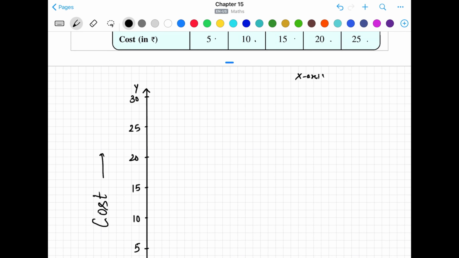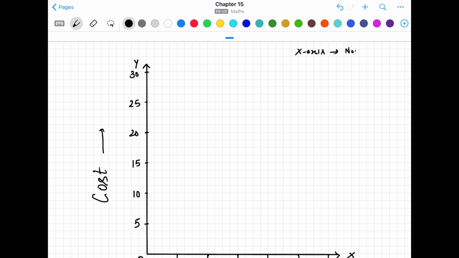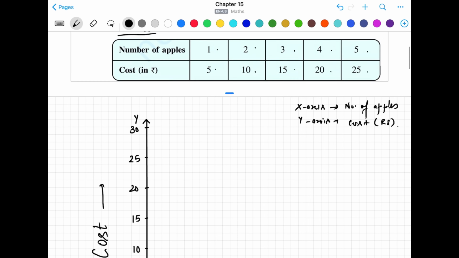X-axis is representing number of apples, and y-axis is representing cost, which is in rupees. So this is the labeling of the axes.